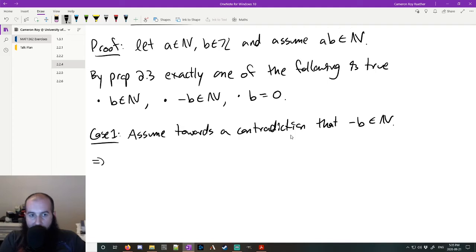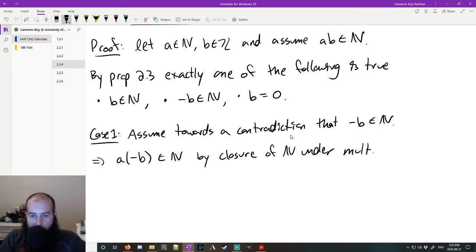Well, A is a natural number by assumption, so this means that A times the additive inverse of B is natural by closure under multiplication. But A times the additive inverse of B is just the additive inverse of AB. But if the additive inverse of AB is natural, this means that AB is not natural by proposition 2.3.